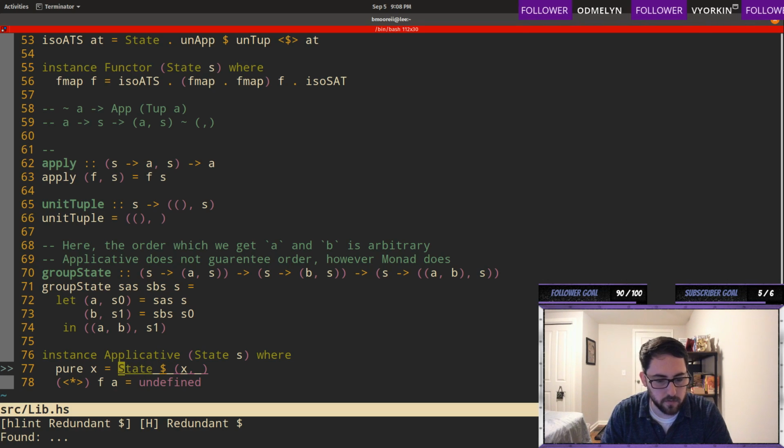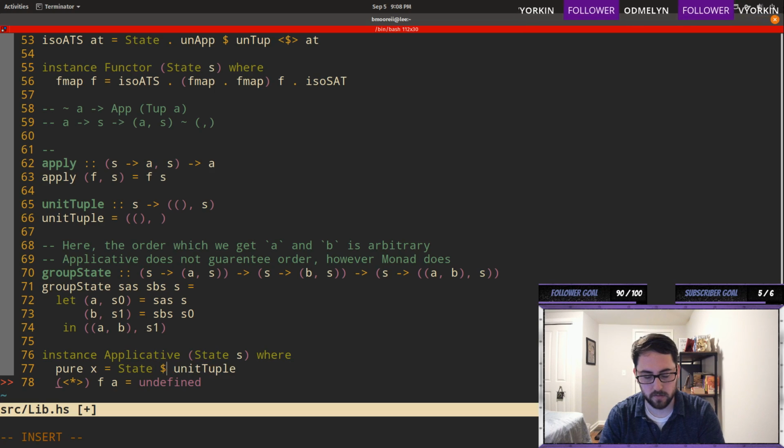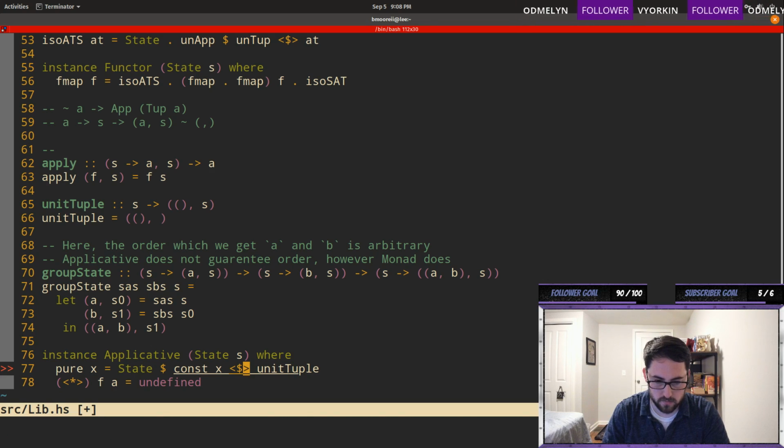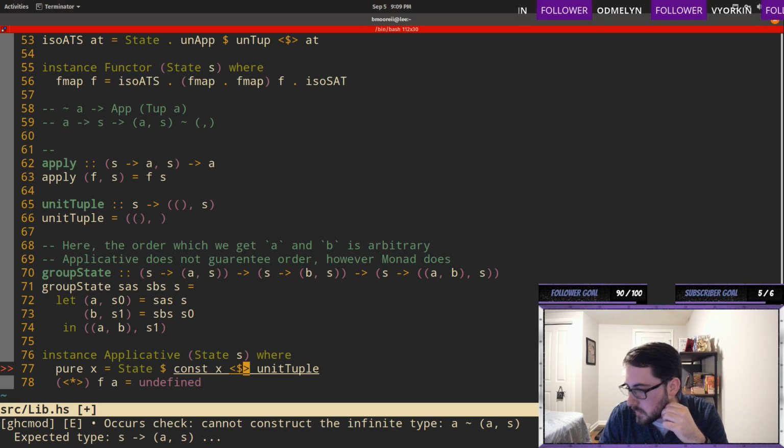Oh, okay. So you could do, so unit tuple gets us that, and then we basically state const x. I see.